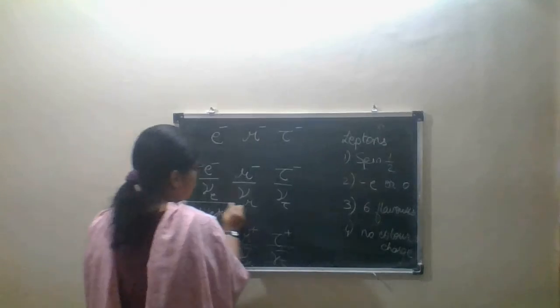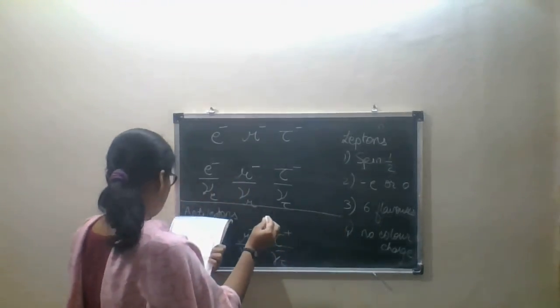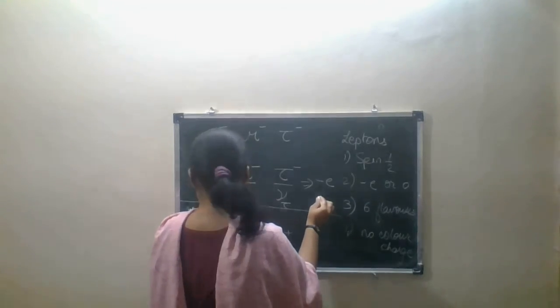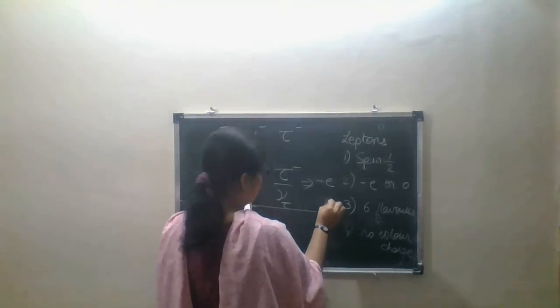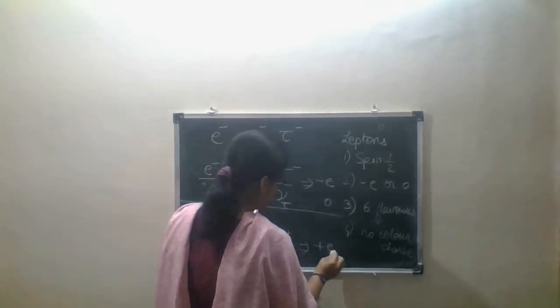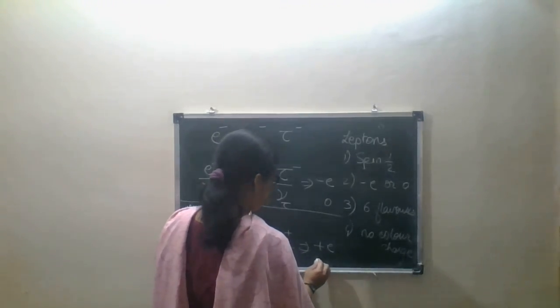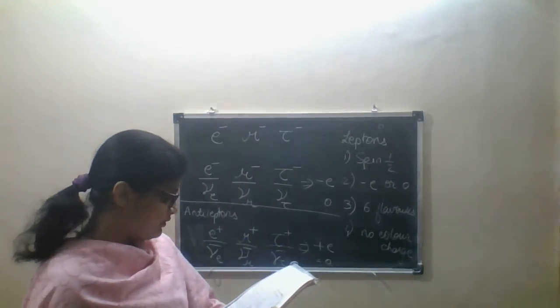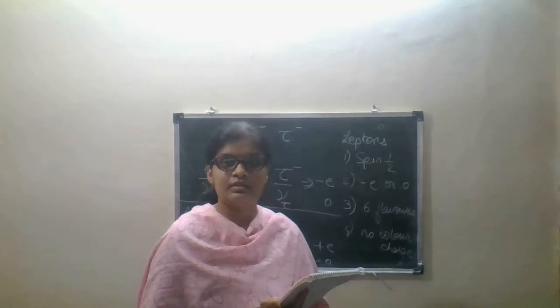In this case, the charges will be minus e and 0, and here the charges will be plus e and 0. So these were the elementary particles, such as the leptons.